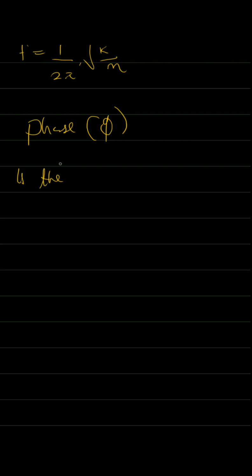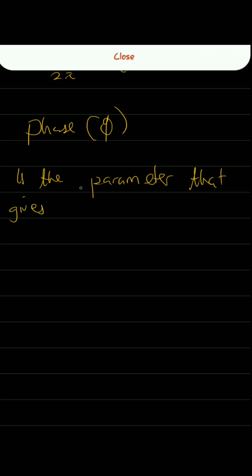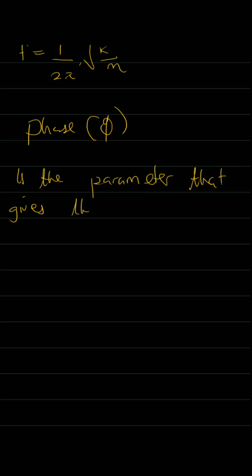So the phase, like I had earlier alluded to, is simply a parameter that helps us to know the position of an object in the motion at an instance. Say an object moving in a periodic manner where it is repeating the same motion.